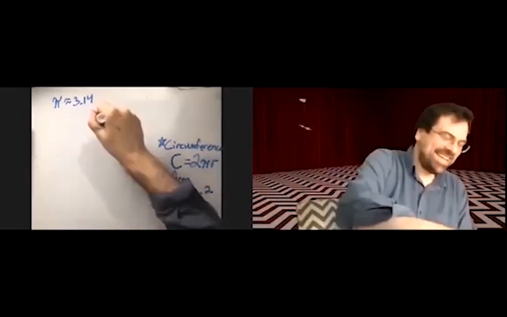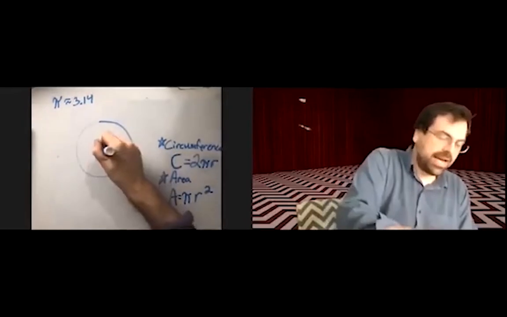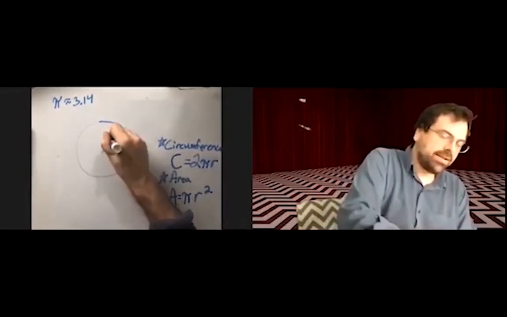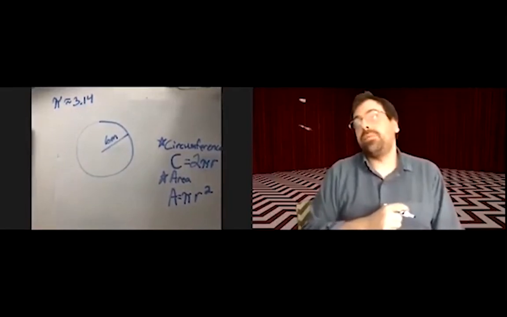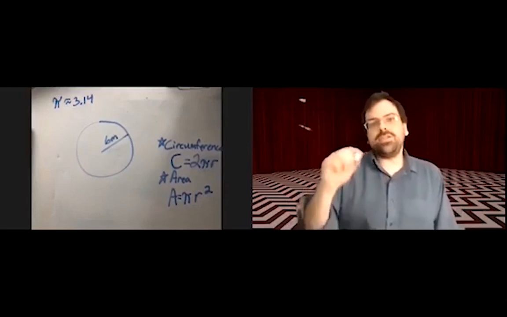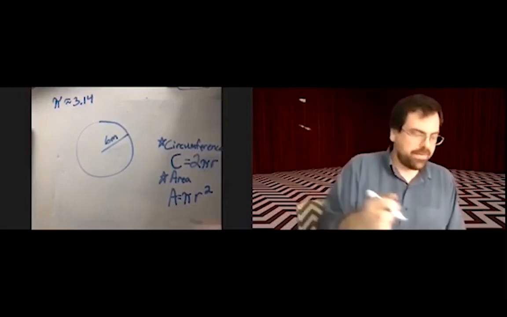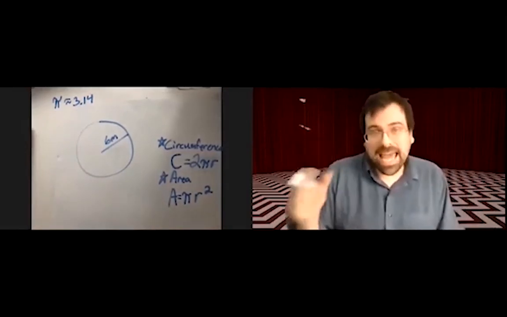Okay, so we have a circle. The circle has a radius of 6 meters. We're going to find the circumference in terms of pi. In terms of pi means we want an exact answer.